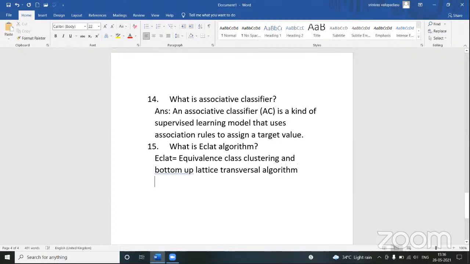It is an algorithm for finding frequent item sets in a transaction database. It is one of the best methods of association rule learning.